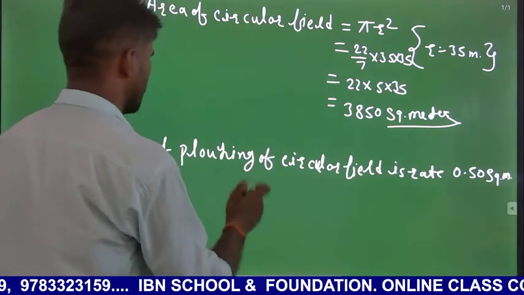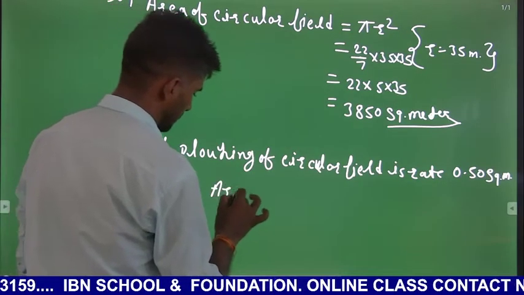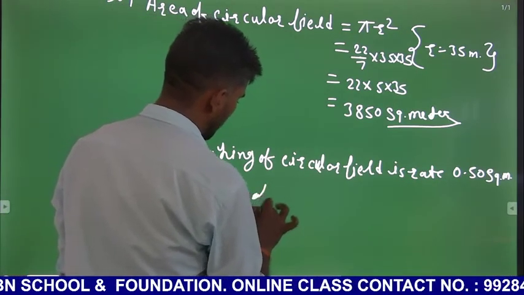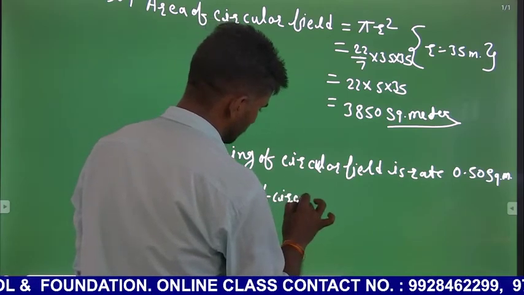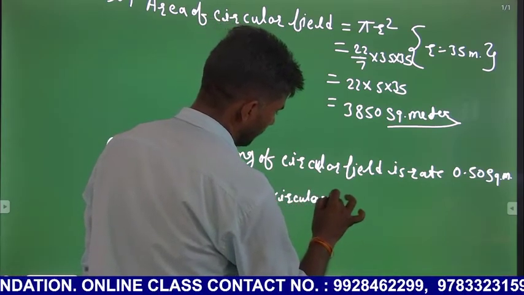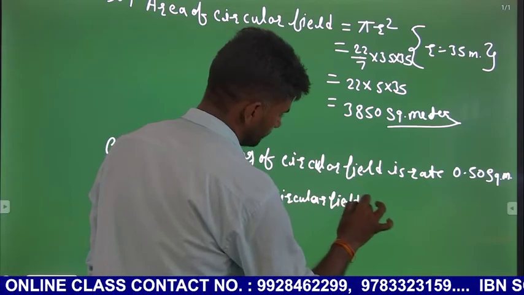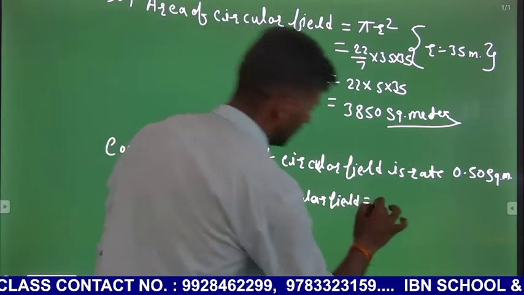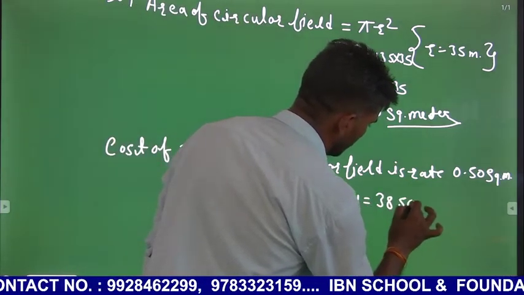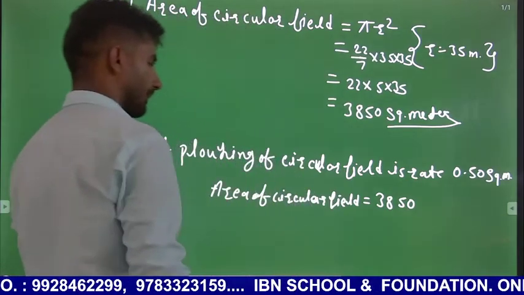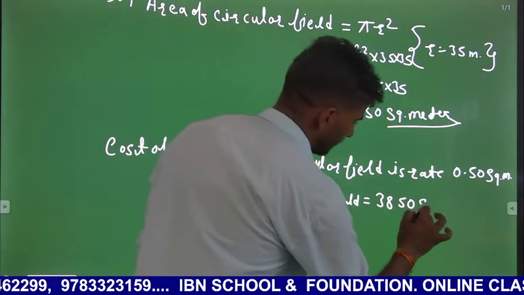The area of the circular field is 3850 square meter.